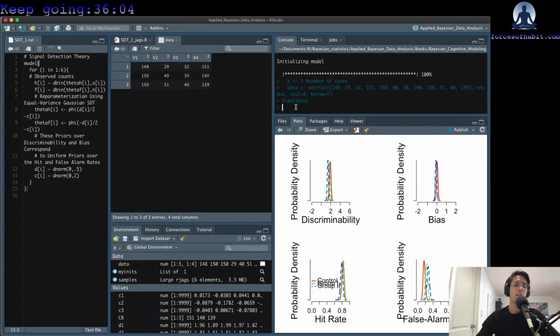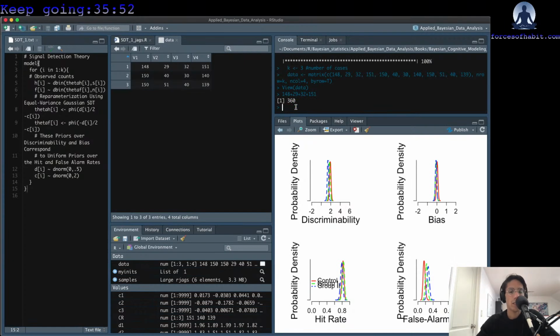Let's see the size of the data. 360 trials. 360 divided by 2 is 180. Then 180 divided by 18 is 10.